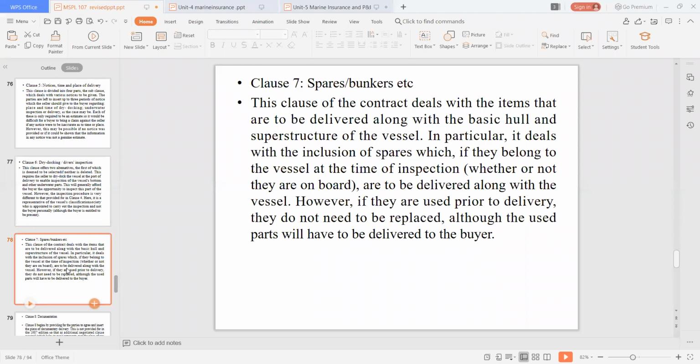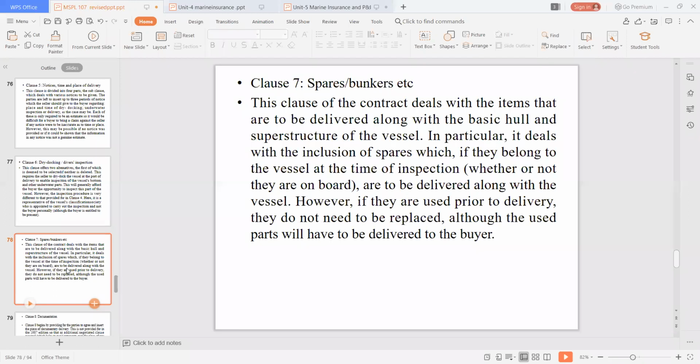Next one, clause 7, spares, bunkers. This clause of the contract deals with the items that are to be delivered along with the basic hull and superstructure of the vessel. In particular, it deals with the inclusion of spares which belong to the vessel at the time of inspection or to be delivered along with the vessel.